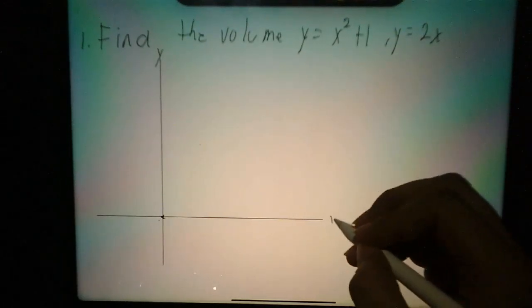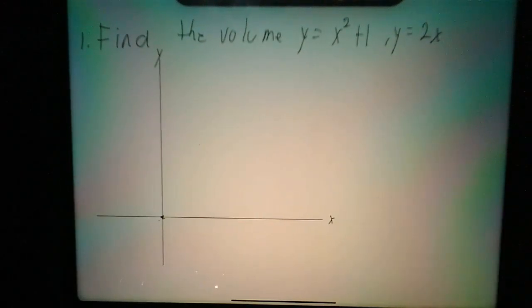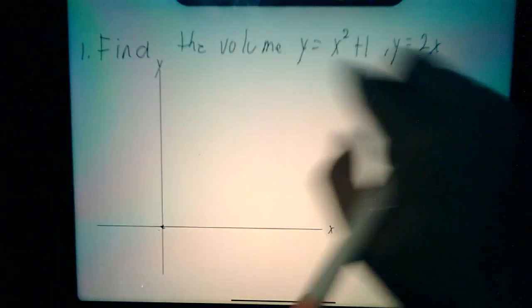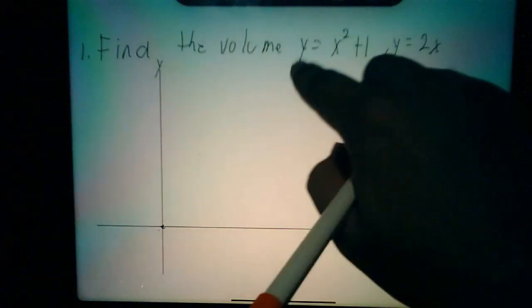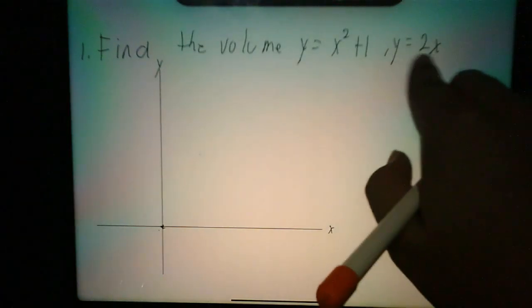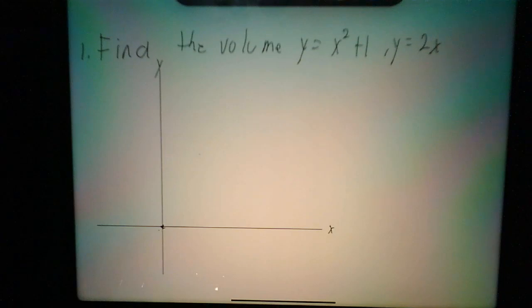Find the volume bounded by y equals x squared and y equals 2x. So we have two different curves here. The first curve is a parabola, and the second equation is just a line.